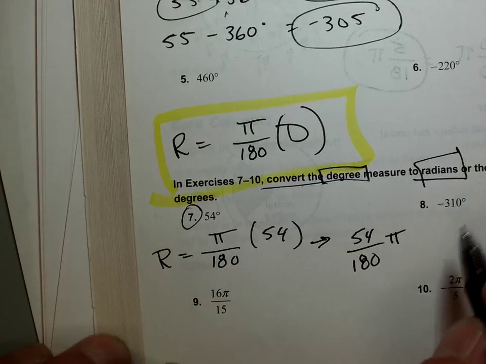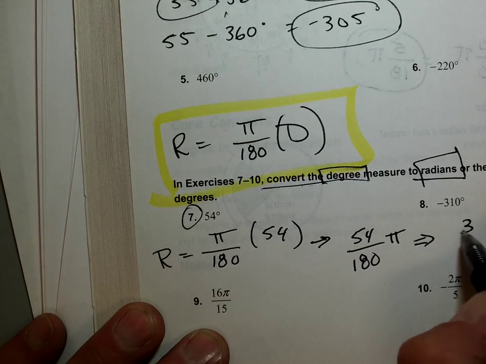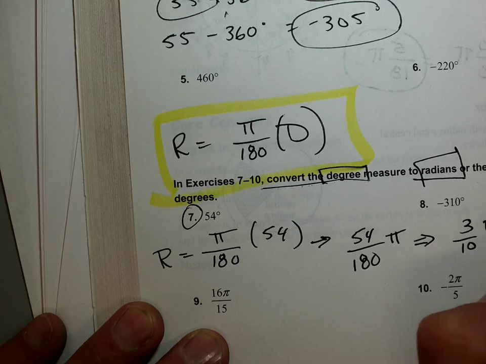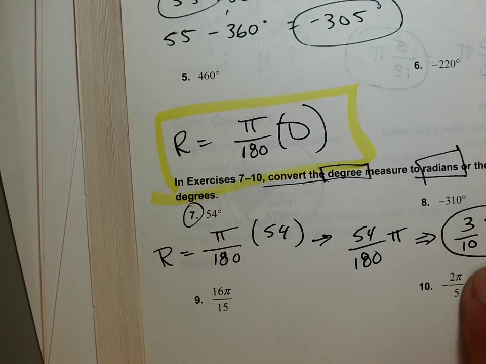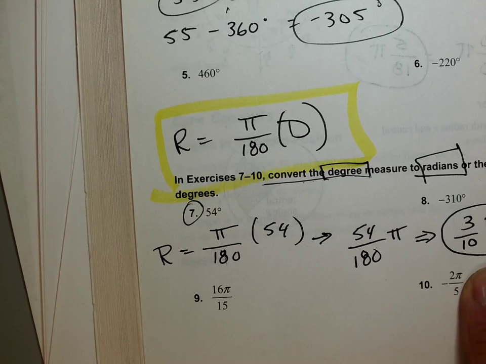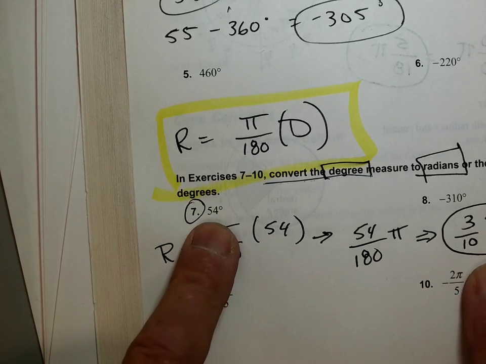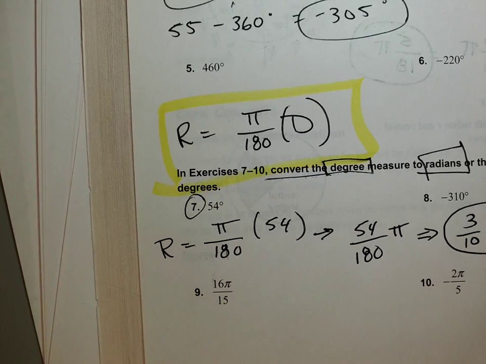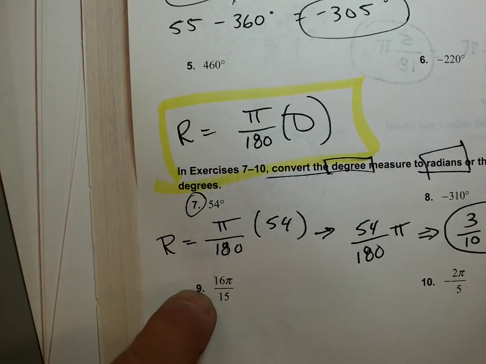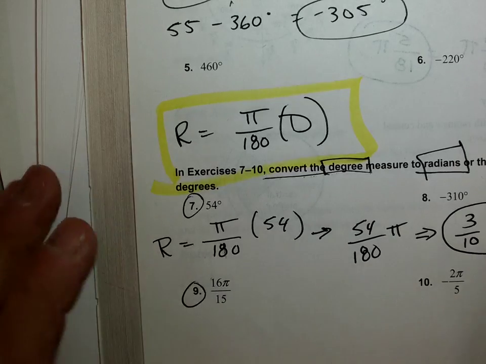So my answer is going to be 3/10 pi. Okay? 54 degrees and 3/10 pi are the same angle. One's in degrees, one's in radians. Easy?